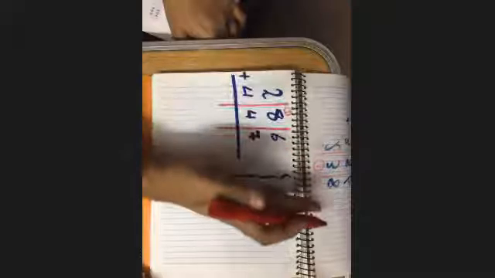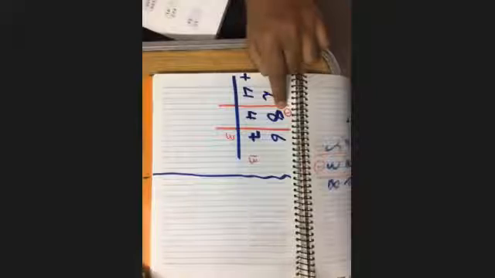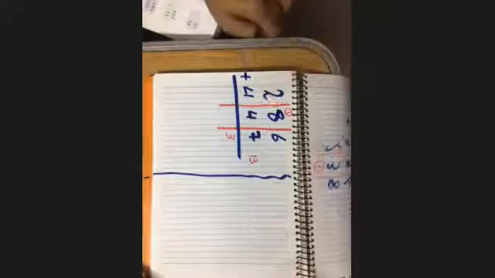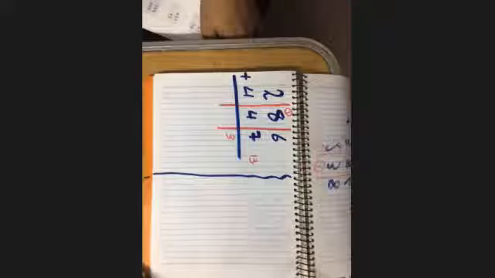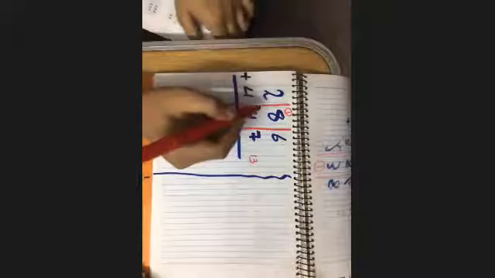Now this is finished. We need to add 1 and 8. You see these two numbers? 1 plus 8 is 9.